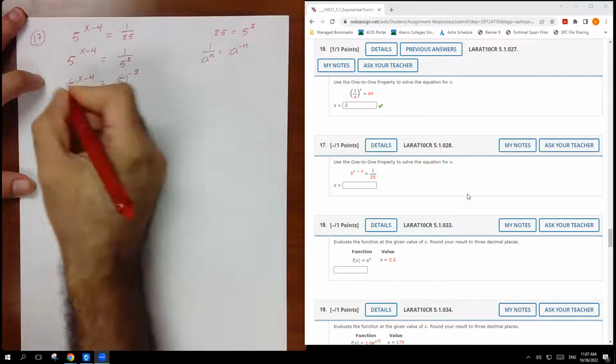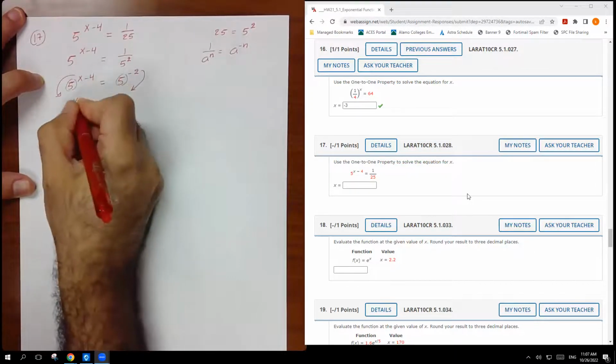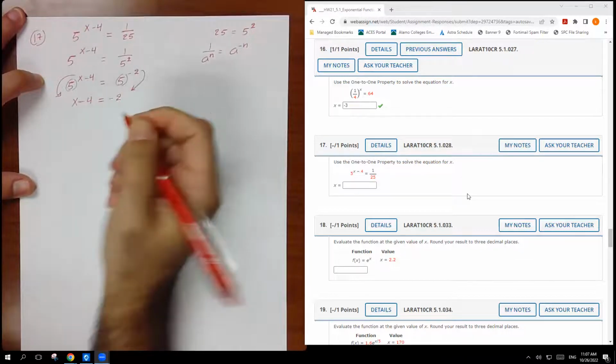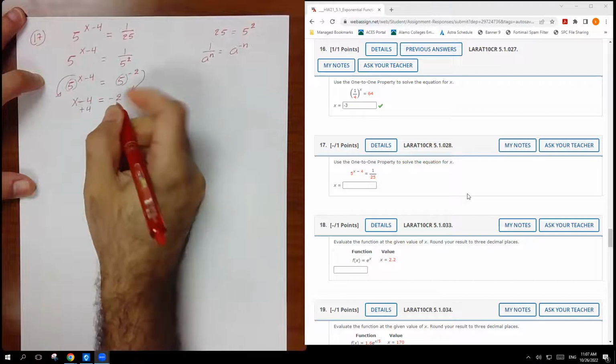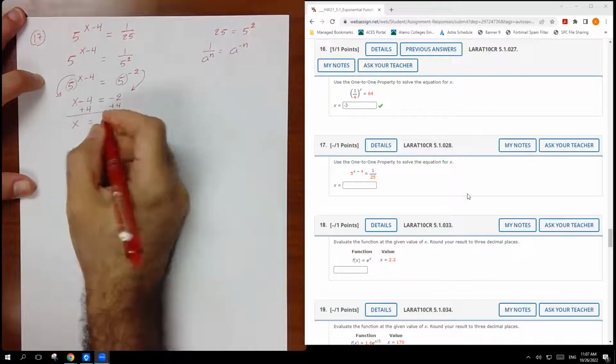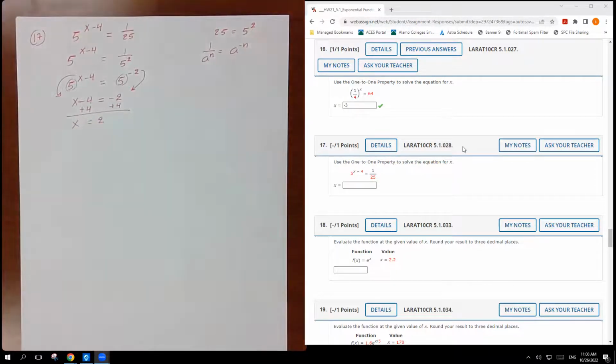So in this case, you're going to write down the exponents. X minus 4 equal negative 2. Now we're going to add 4 to both sides. X is going to be equal to 2. That's it for this example. So we're just going to type 2 here, x equal 2.